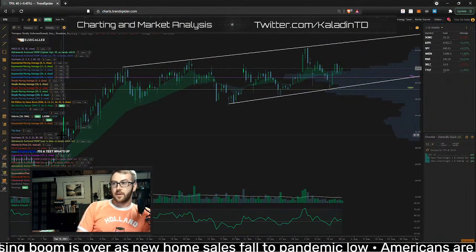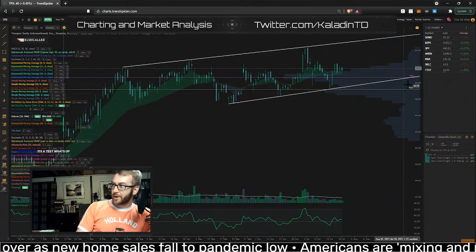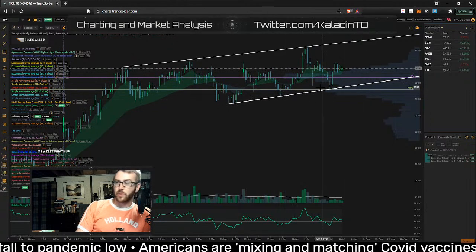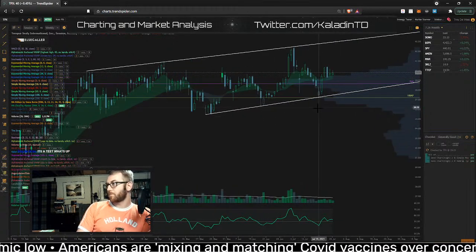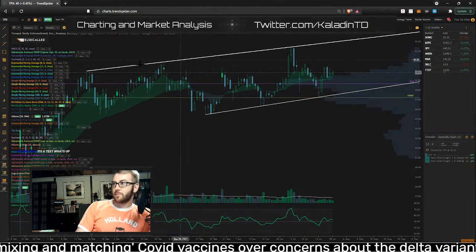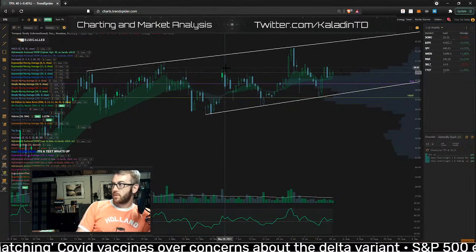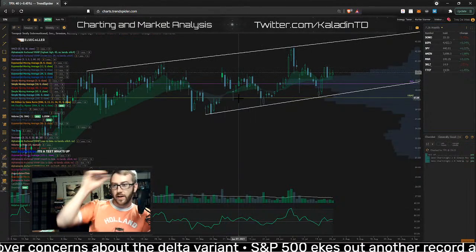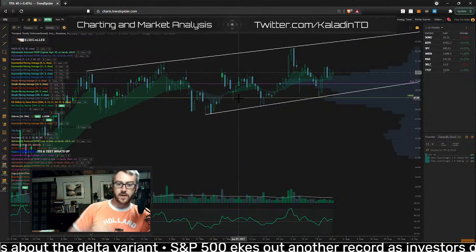This gap up VWAP right here, confluence with this solid support line. We do have a big lack of volume, pretty much above, say, $40.50, $41, something like that.